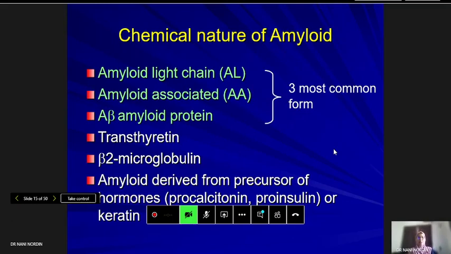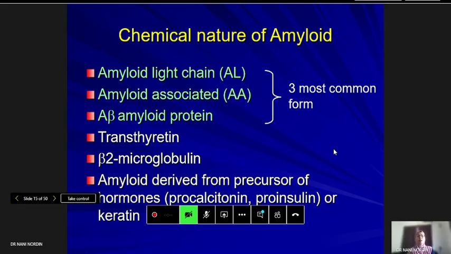Other proteins are transthyretin protein, beta 2 microglobulin proteins, and amyloid which derives from the precursors of hormones, for example procalcitonin, proinsulin, or keratin.